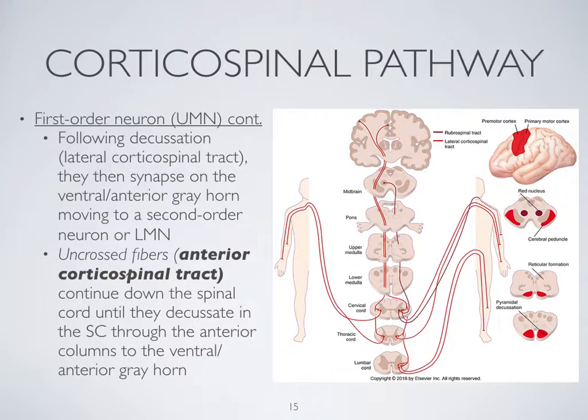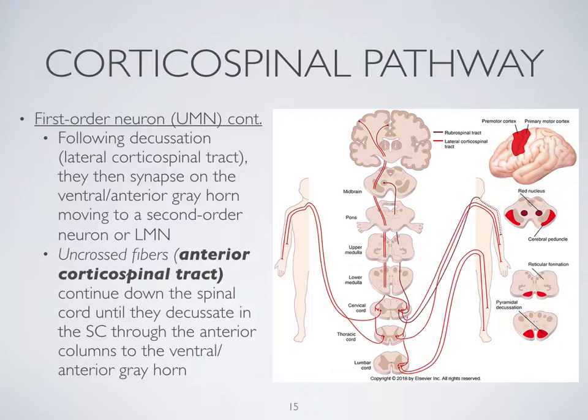It goes into our anterior white columns. From here, it jumps over into our anterior gray horn, synapsing. Okay, once it synapses, it then becomes a lower motor neuron. That's going to be the axon that goes to our skeletal muscle.